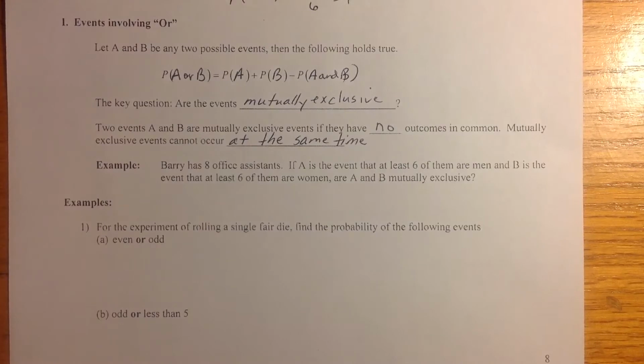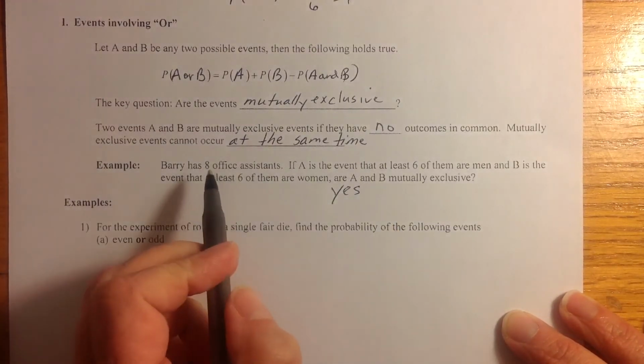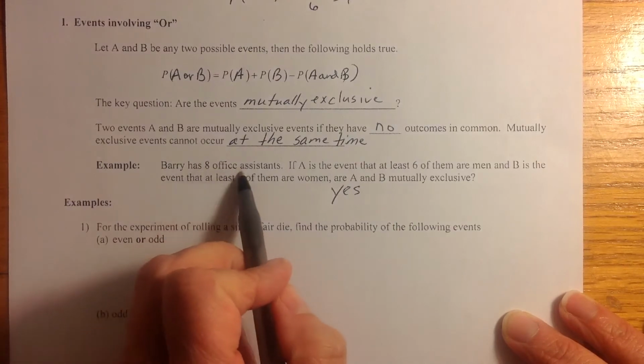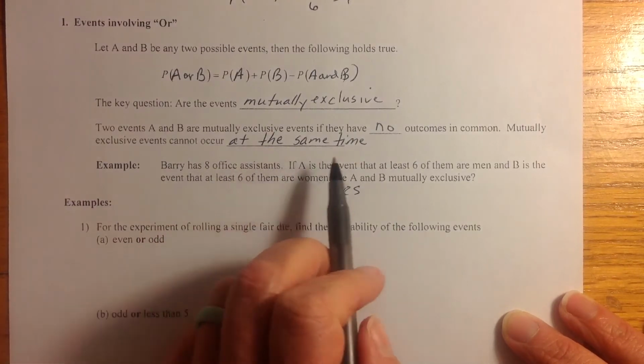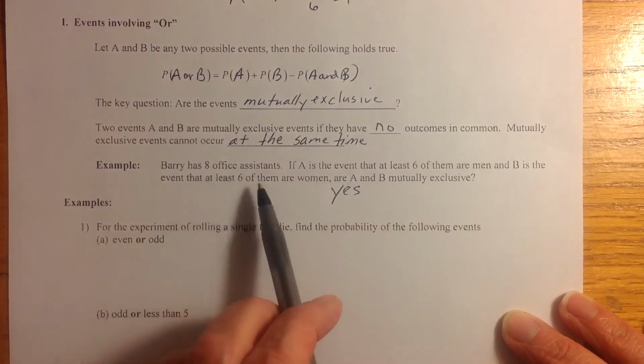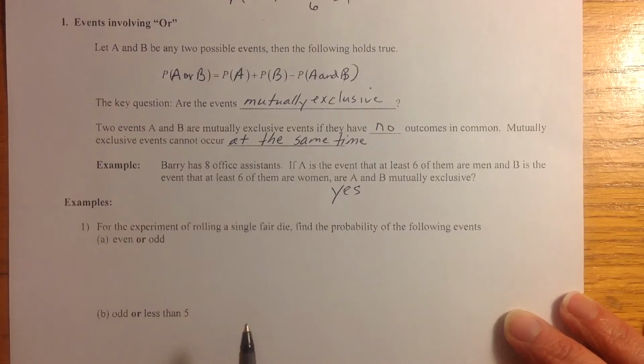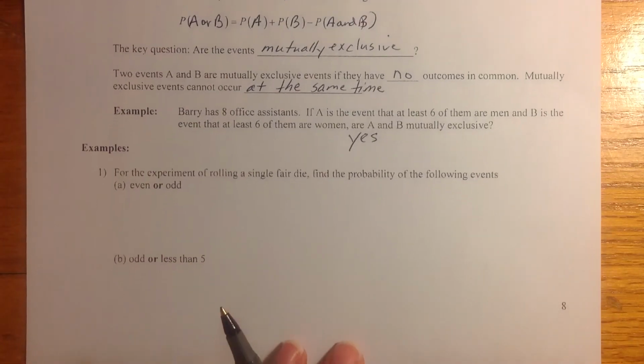If A is the event that at least 6 of them are men, and B is the event that at least 6 of them are women, are A and B mutually exclusive? The answer is yes. If Barry is going to have 8 office assistants, there's no possible way at the same time that at least 6 of them are men and at least 6 of them are women. There's no way to have both of those happening with 8 assistants. So those are mutually exclusive events.